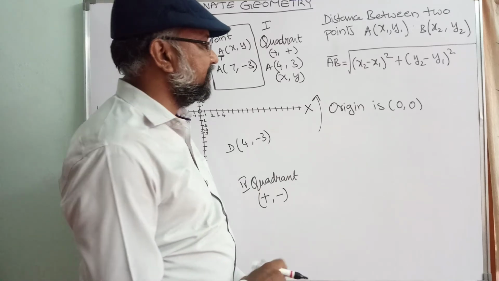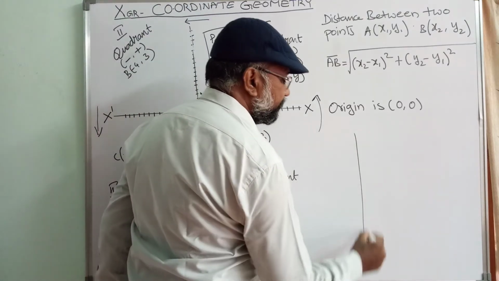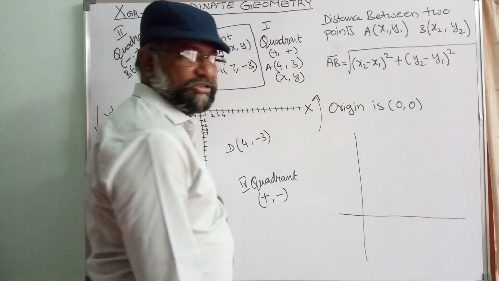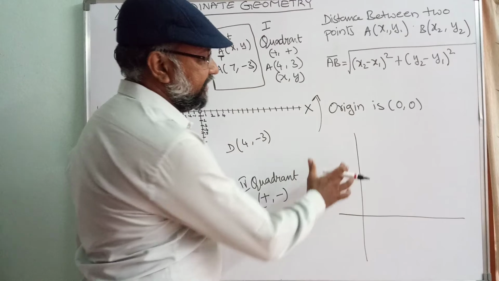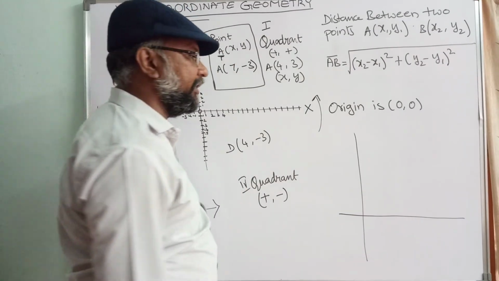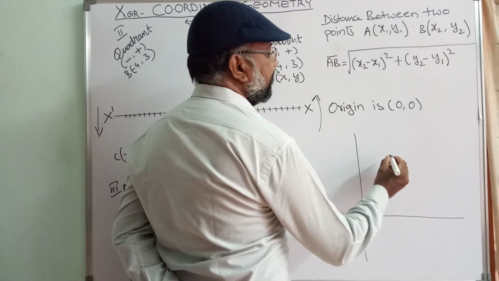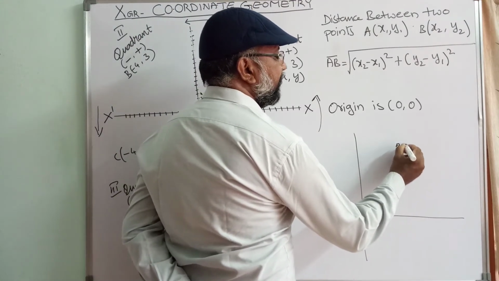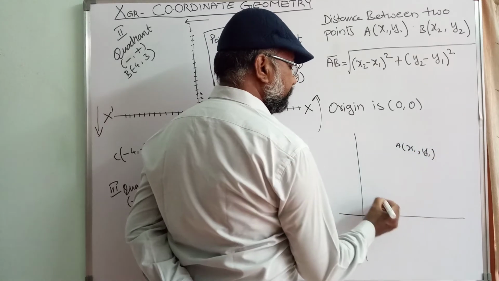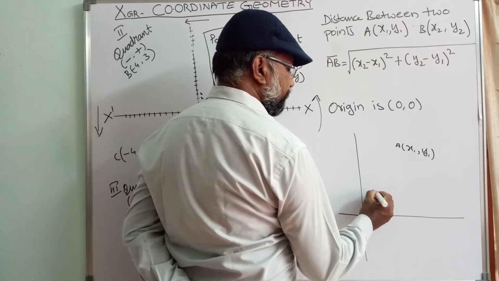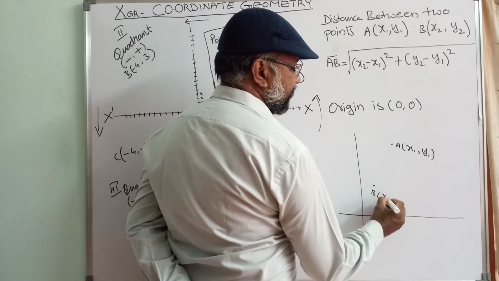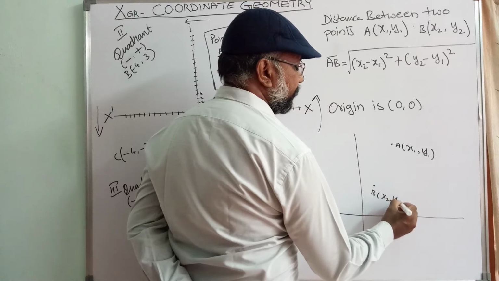First thing is, in a Cartesian plane, I can maximize the first quadrant. Of course, the second is there, the third is there, the fourth is there, but I minimized them. I did not give equal priority. So there is a point A, (x1, y1), and there is a point called B, (x2, y2).